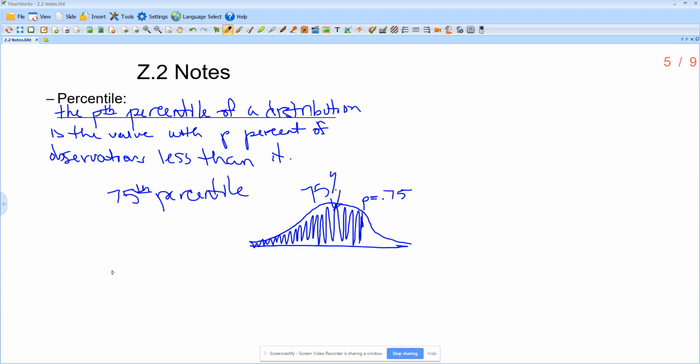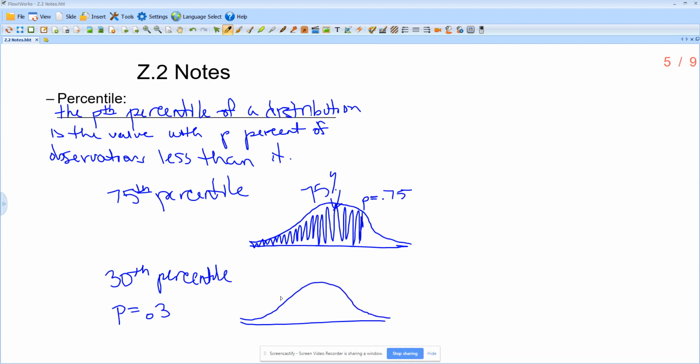If we talked about the 30th percentile, that means that your p-value is 0.3, and that's telling you again what percent fall below it. So 30th percentile would say maybe is here. So it's giving this area underneath this curve. That would be 30%. Again, P being 0.3, representing that 30%.